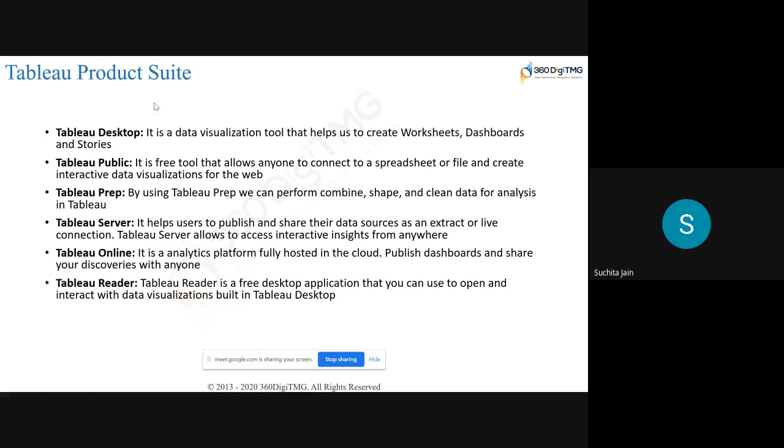This is the main tool of Tableau which all the companies are using. It's a paid version; you have to go and buy it online. It is a data visualization tool that helps us create worksheets, dashboards, and stories.